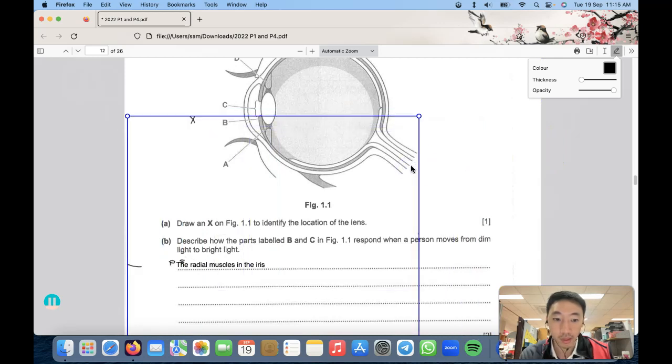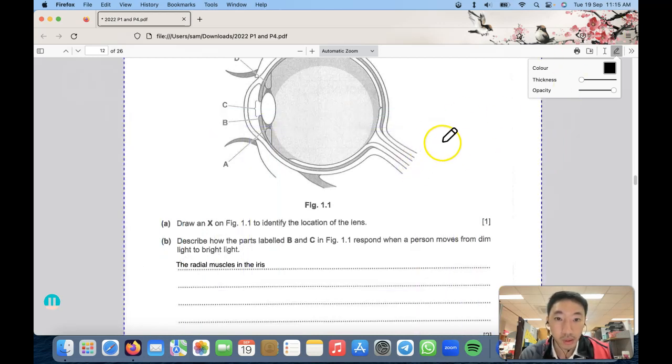So this is my pupil, right? And if it's contracting, so it's a very small pupil. The radial muscles must extend out, which means they must relax.